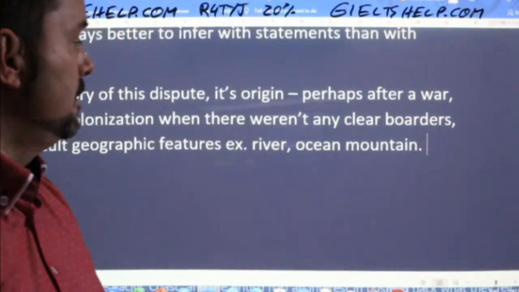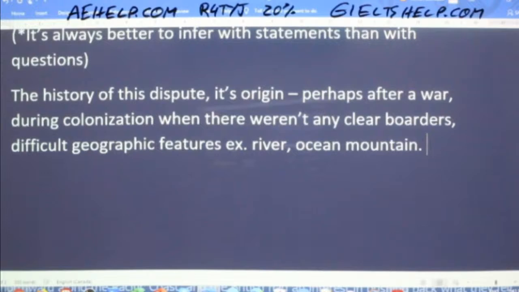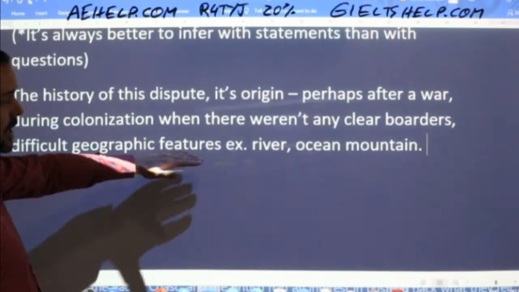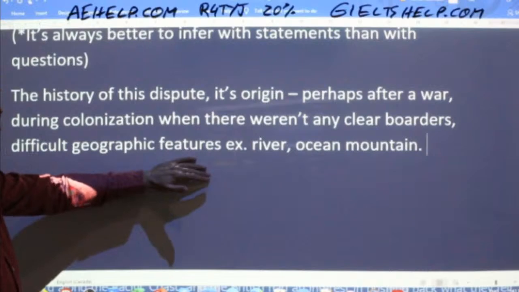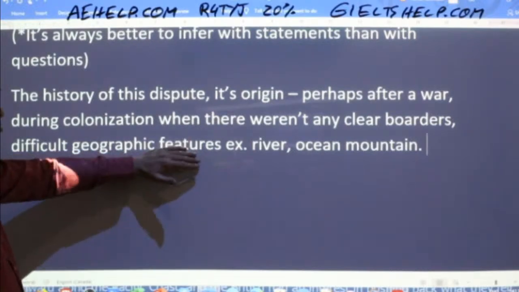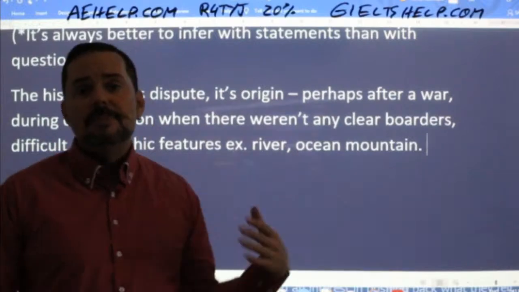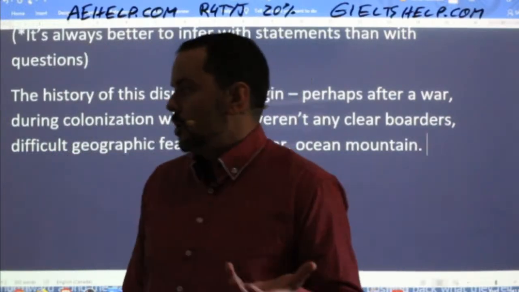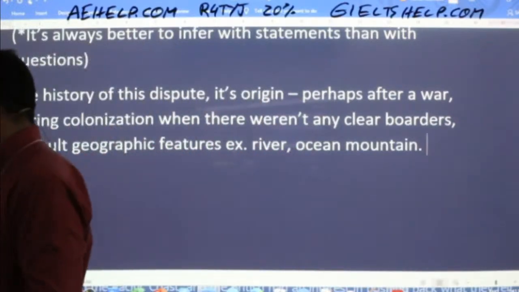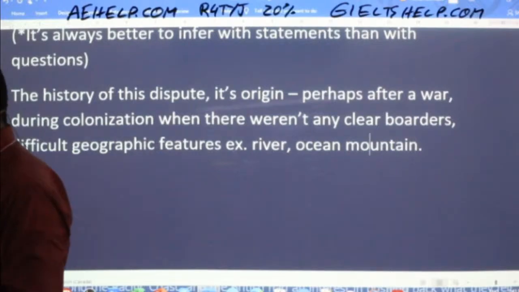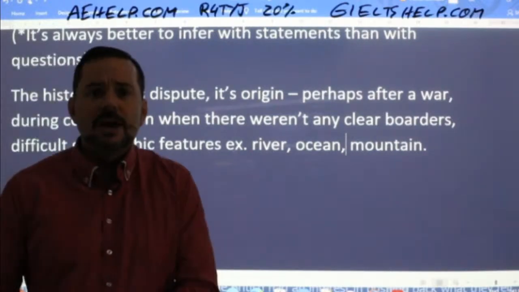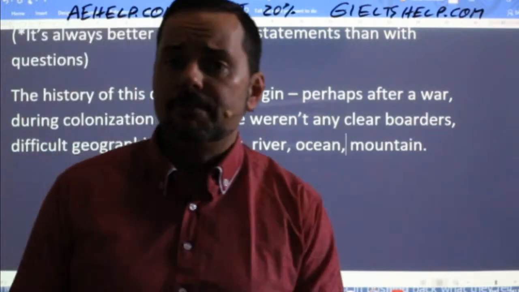I'm sure, as many of you know, and I'm sure many of you are thinking of other parts of the world where this becomes a problem, where we're trying to divide the country according to a certain border. But of course, rivers, oceans, mountains, lakes make that a little bit difficult. How do you know if somebody's in your country when you have a big ocean or a lake in kind of the way of the border, right? So that would be another one that would come to mind, okay?